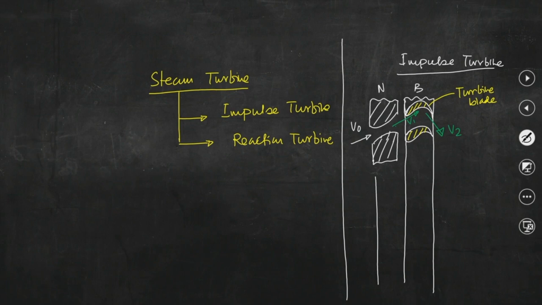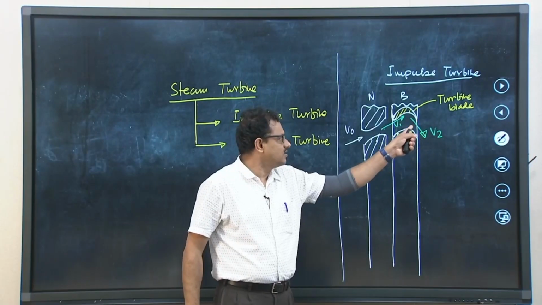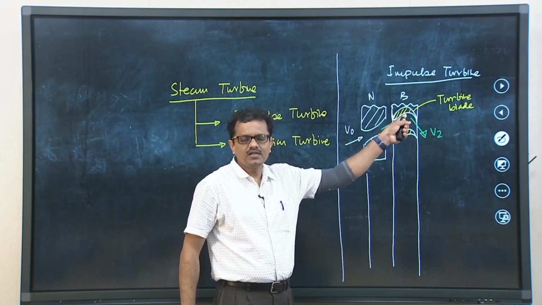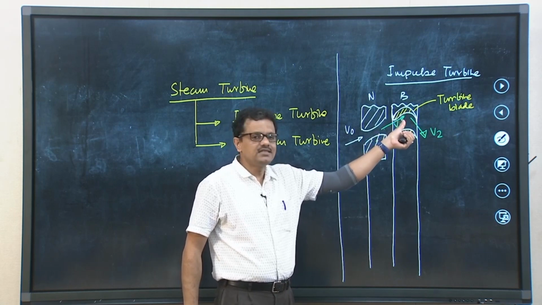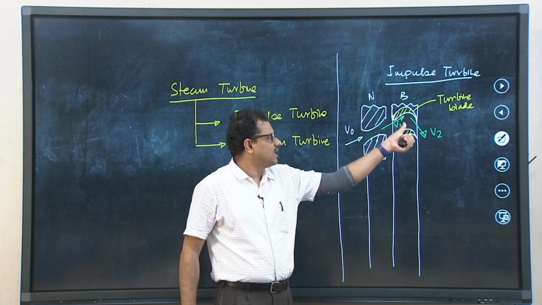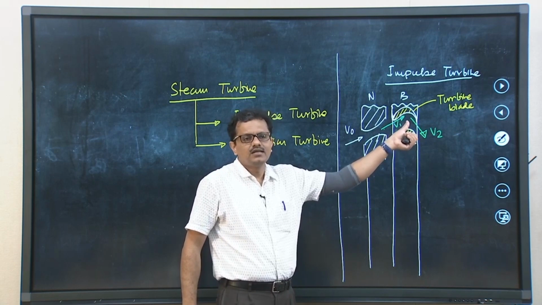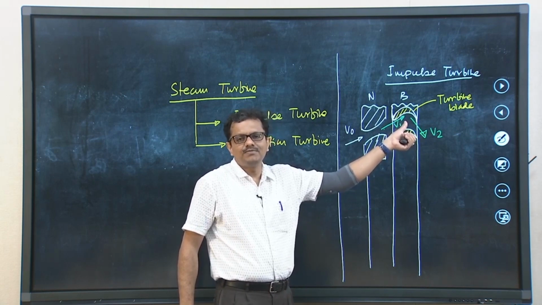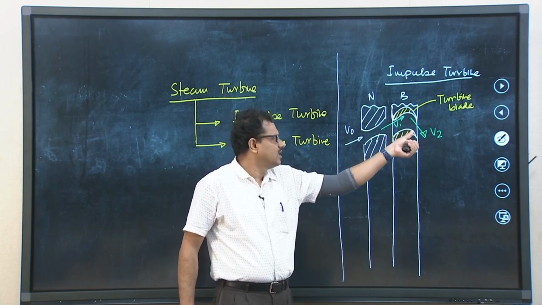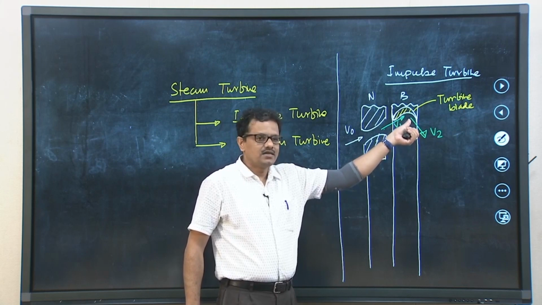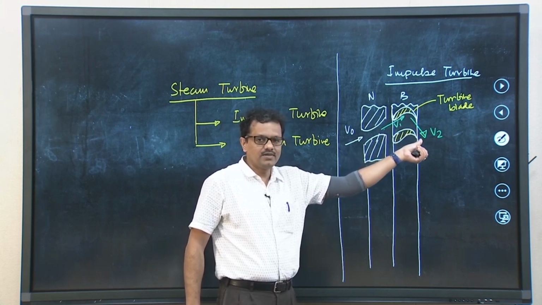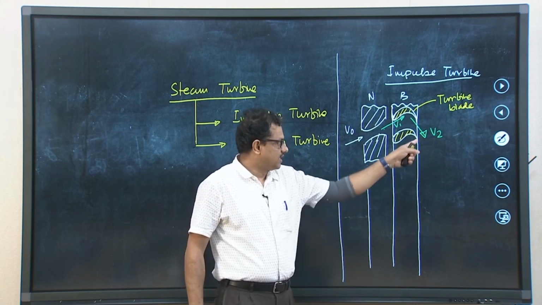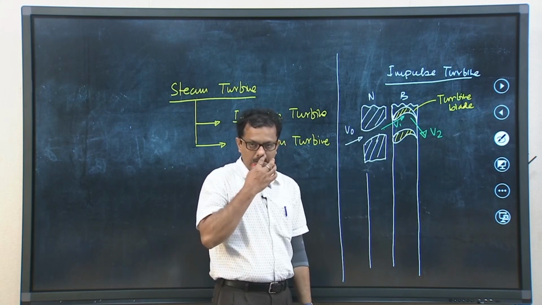You can see that after striking, because of the presence of blades, there is a deflection of the steam jet. At which angle the jet will be deflected depends on the blade designer. Finally, after striking, steam comes out from the blade at a velocity V2.